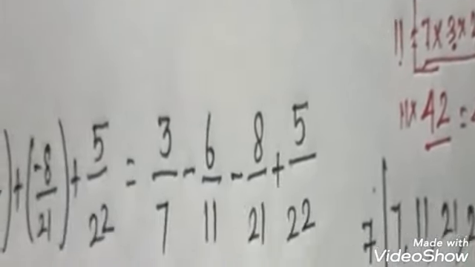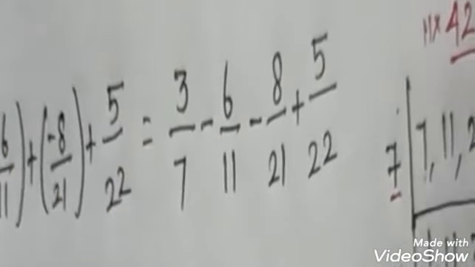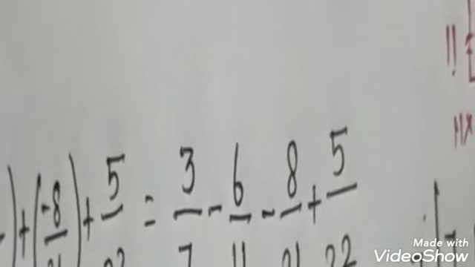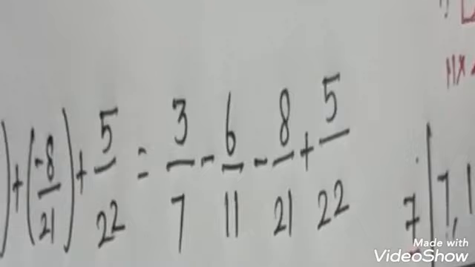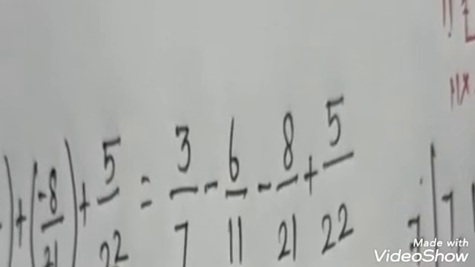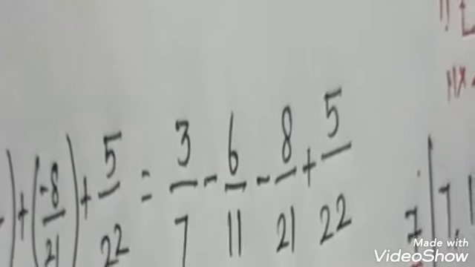5 into 21. So one by one I have to multiply. So 66 into 3. 6 3s are 18, 8 remaining 1. And then 6 3s are 18, you get 19. So 3 times is 198.